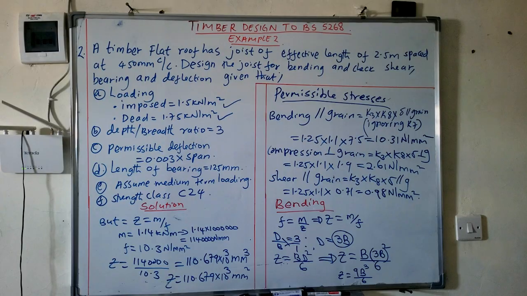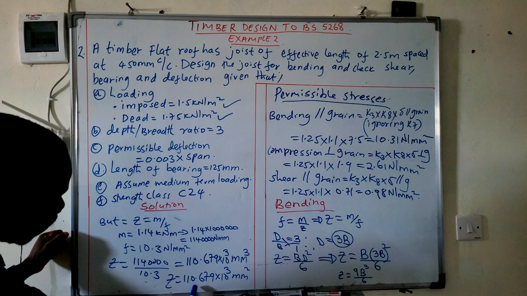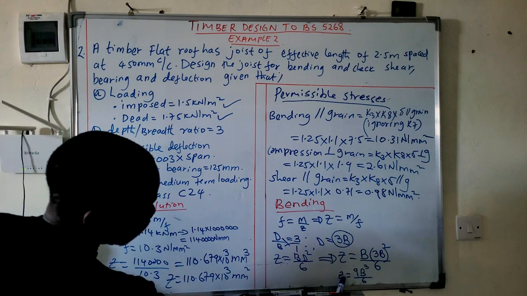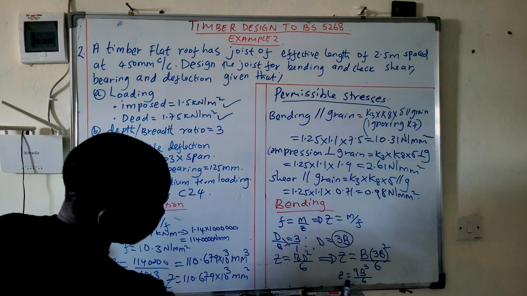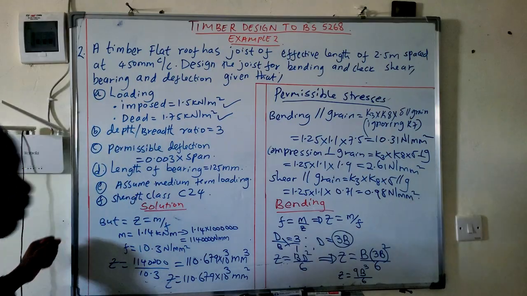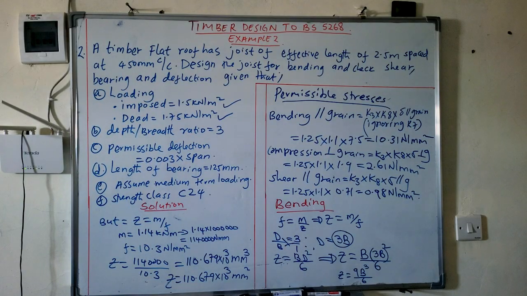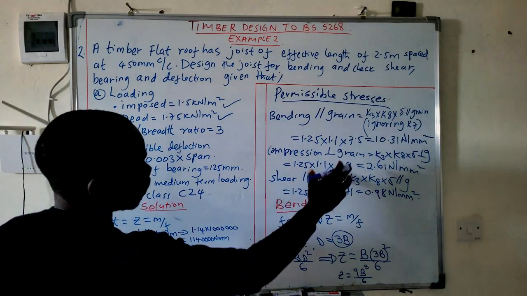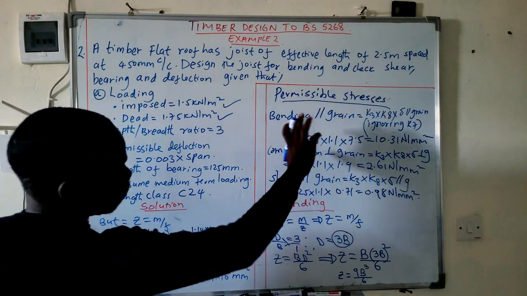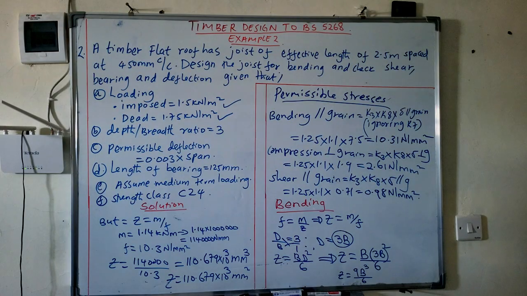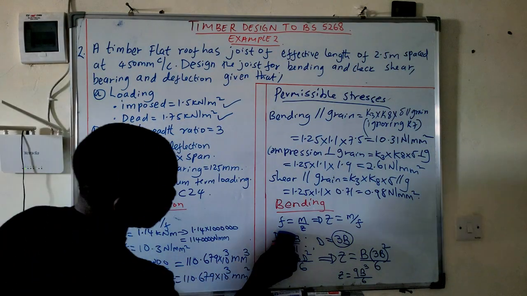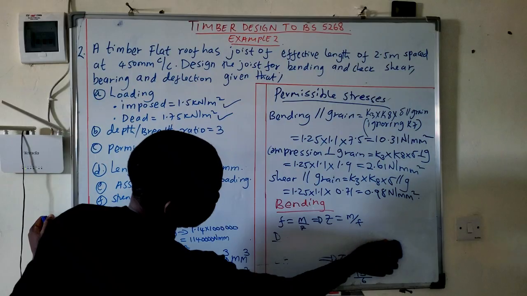Now, since we have the value of Z, we can take this value and put it in this equation so that we can find the value of B. So let me create space for more calculation. I will preserve this one for reference, so let me erase this one.